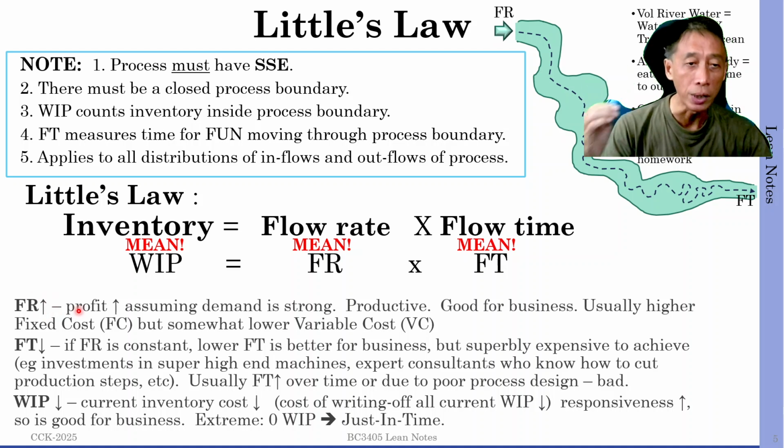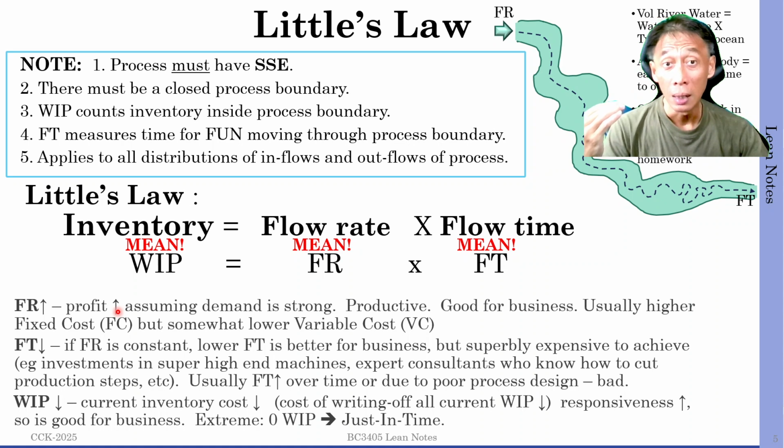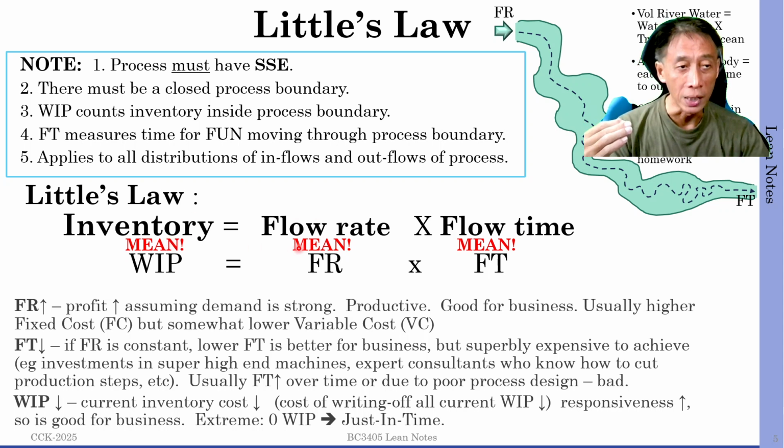As flow rate increases, safe to say the profit will increase, because profit of the company is decided by the flow rate, okay? Not flow time, not inventory on the conveyor belt. Flow rate. Of these 3 variables, flow rate decides the company's profit. Higher flow rate, higher profit.